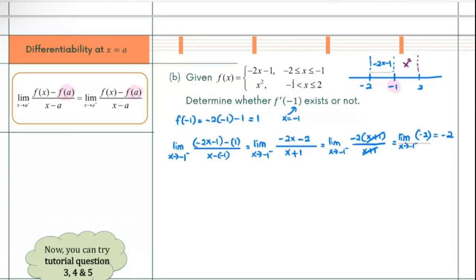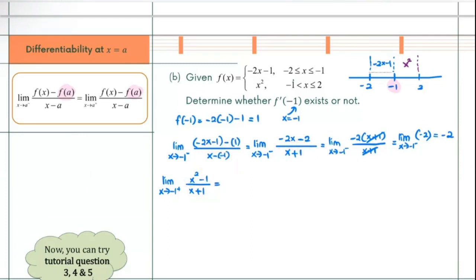Okay, sekarang ni kita tengok pula untuk limit as x approaching negative 1 from the right. Negative 1 from the right will be just x squared. So x squared minus 1 divided by x plus 1. Okay, kenapa x plus 1? Tadi saya dah tunjuk reason dia dekat sini. X tolak negative 1 dapatlah x plus 1.